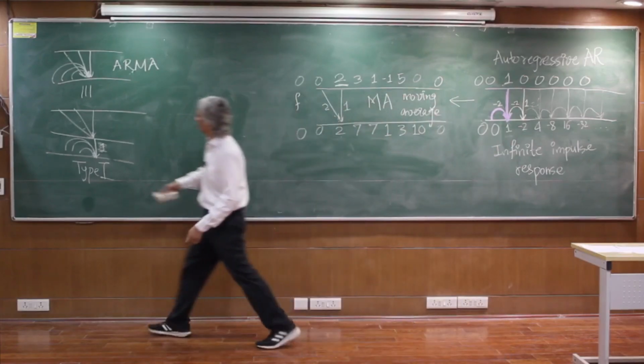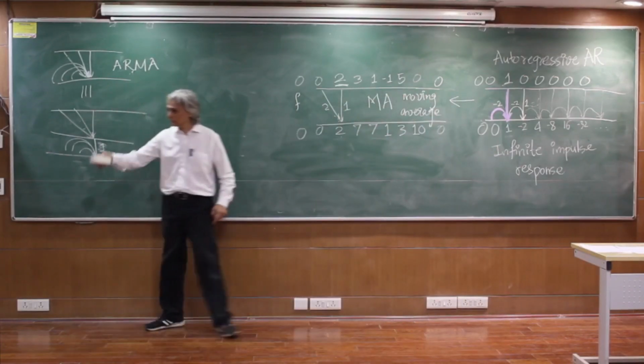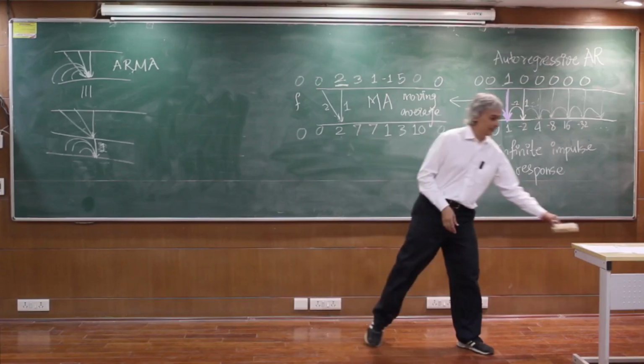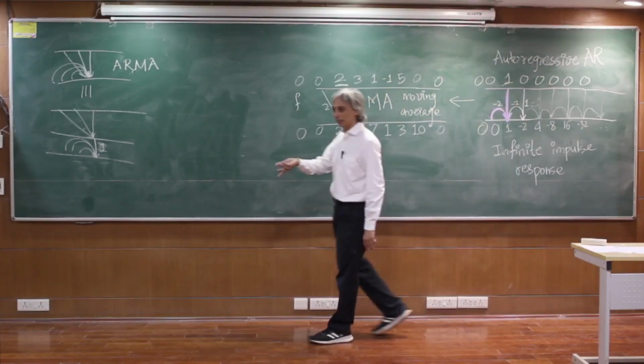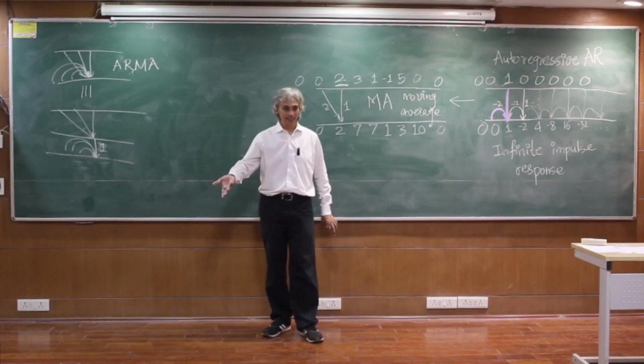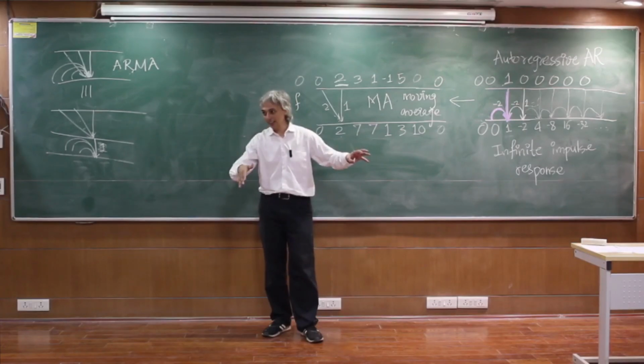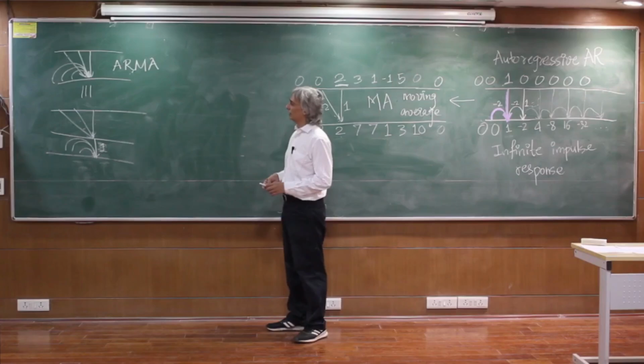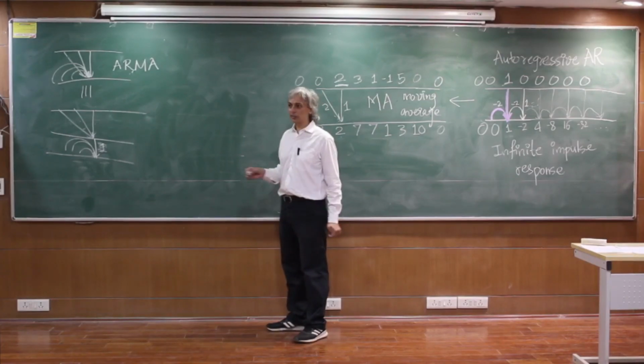The inverse of an ARMA filter is an ARMA filter. You see that? Because the inverse of an AR is MA, inverse of an MA is AR. So the inverse of an ARMA filter is another ARMA filter. Isn't that brilliant? What is the W polynomial representation of an ARMA filter?